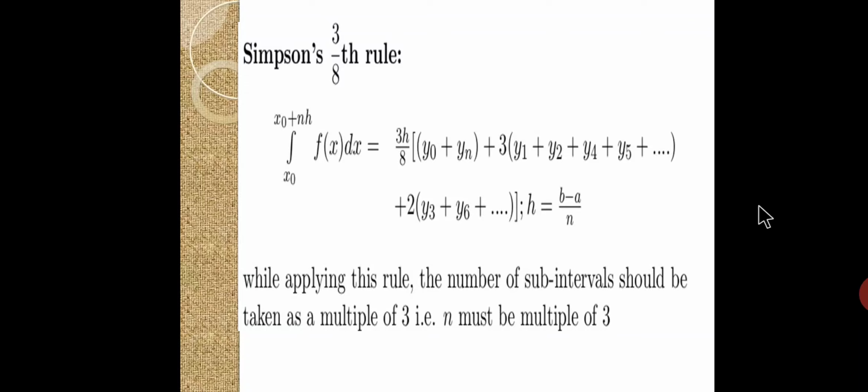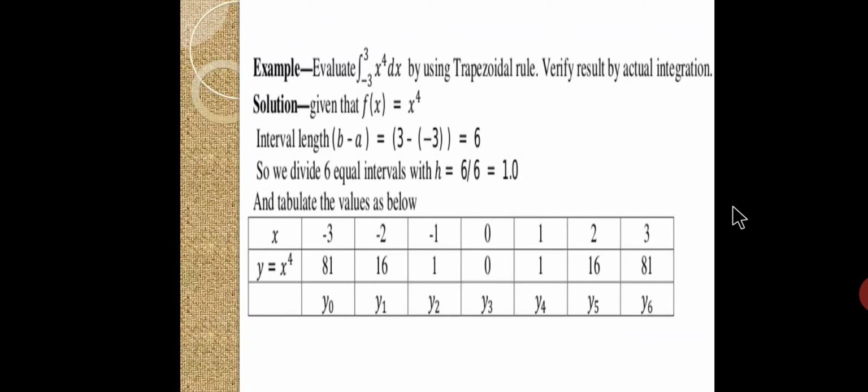So let us consider the examples. Evaluate the integral from minus 3 to 3 of x power 4 dx by using the trapezoidal rule. Verify the result by actual integration.